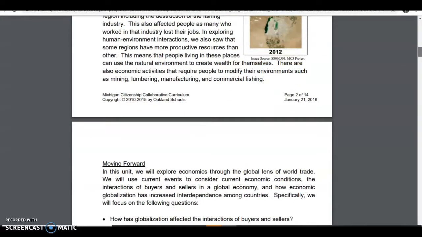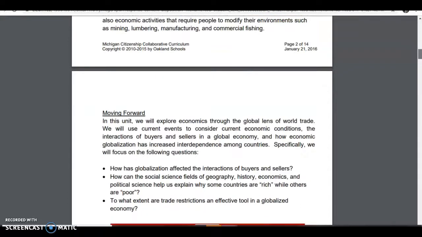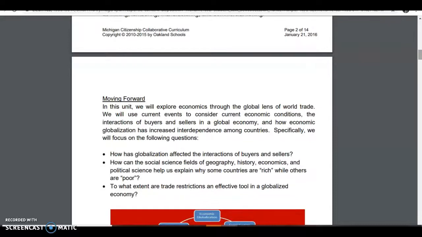For those of you who had asked me what lesson this quiz corresponds with, this is the actual lesson. In this unit, we will explore economics through the global lens of world trade. We use current events to consider current economic conditions, the interaction of buyers and sellers in the global economy, and how economic globalization has increased interdependence among countries.